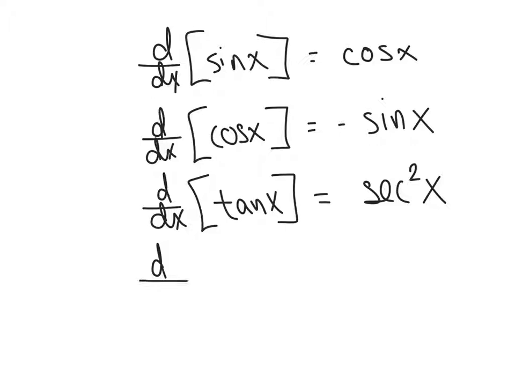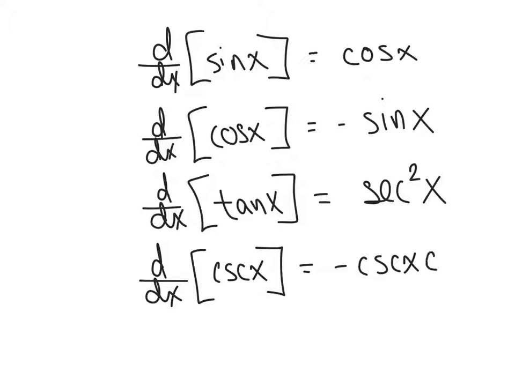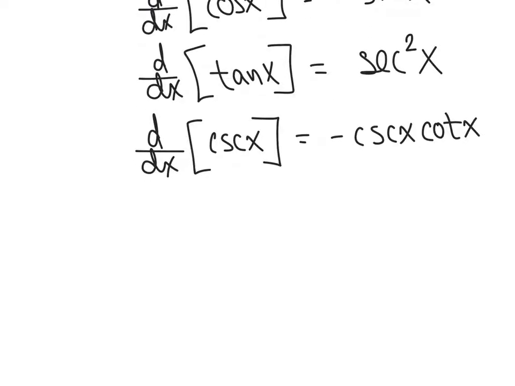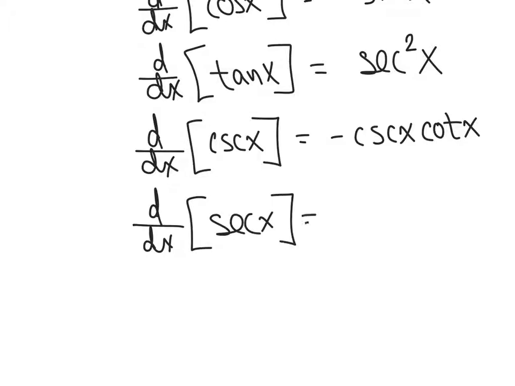Now we're going to derive the reciprocal functions. The reciprocal of sine is cosecant, and its derivative is negative cosecant x cotangent x. Yeah, that one's kind of ugly. Slide that up. Let's see, the reciprocal of cosine is secant, and the derivative of secant is secant x times the tangent of x.